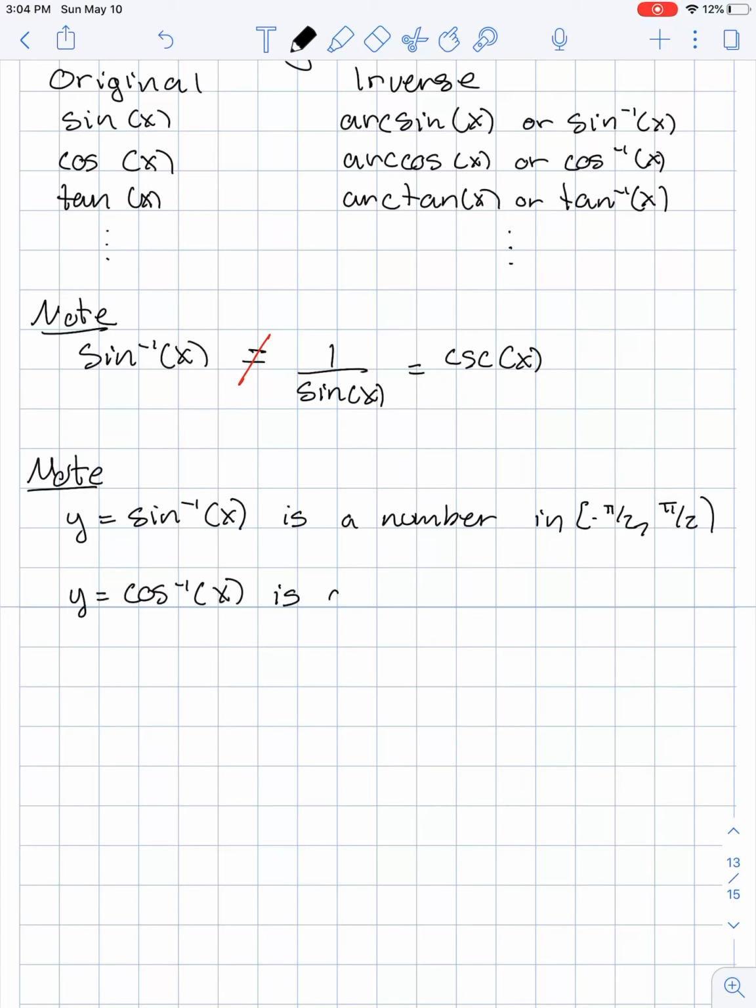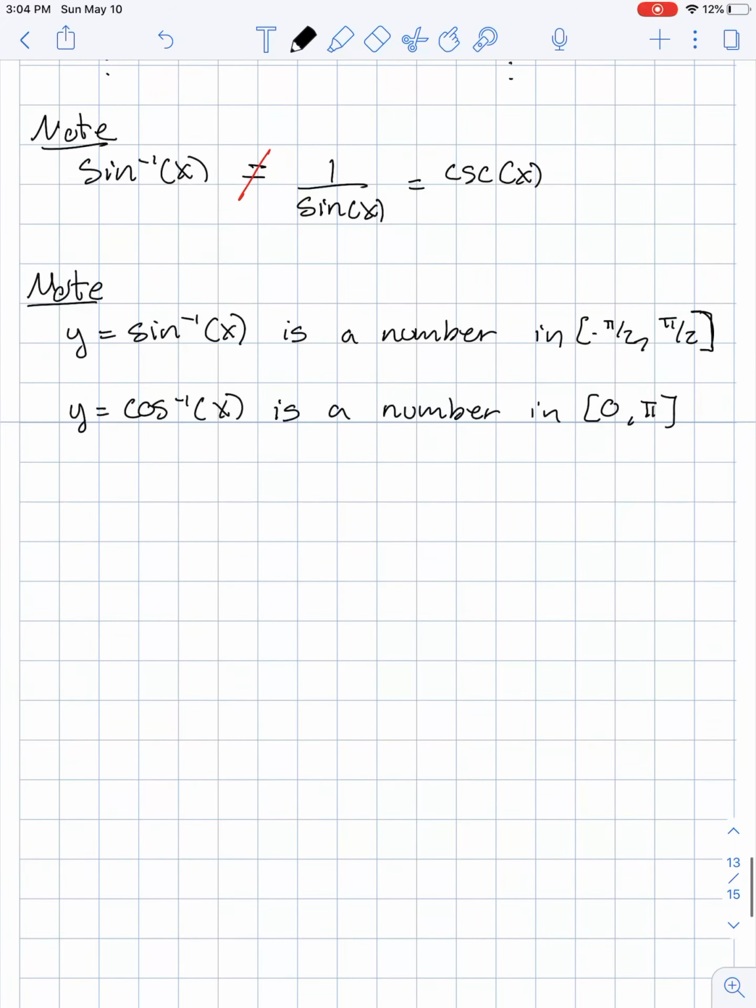If y equals cosine inverse of x, it's going to be a number in between 0 and pi.